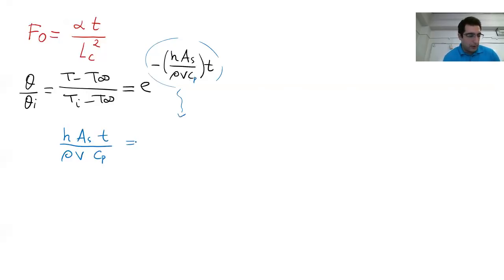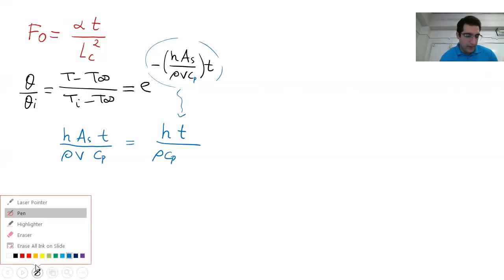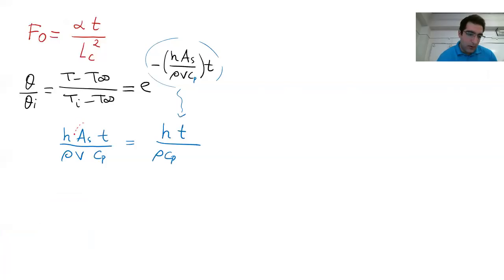Okay, so can I show it with h, t, and on the denominator, I would like to have rho Cp, and instead of area divided by volume, I'm going to put Lc, the characteristic length. Remember, the characteristic length was V over area. Is this correct? So h times t divided by rho Cp, instead of As over V, I have 1 over Lc.